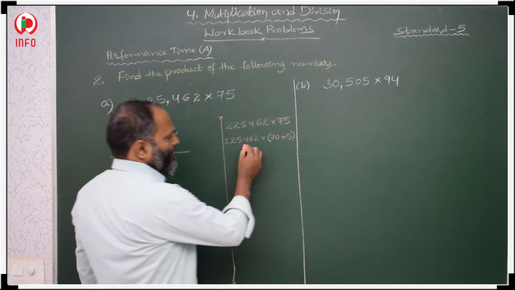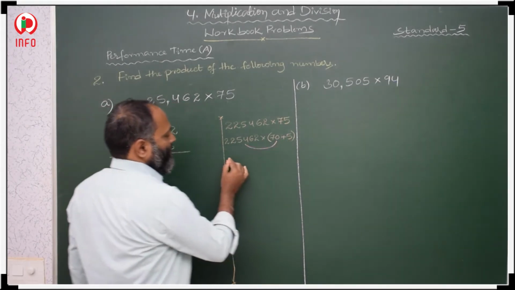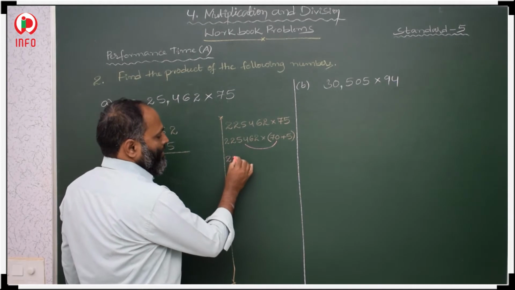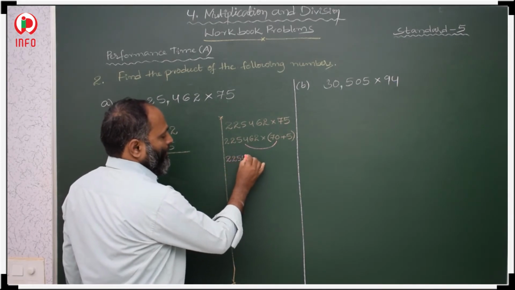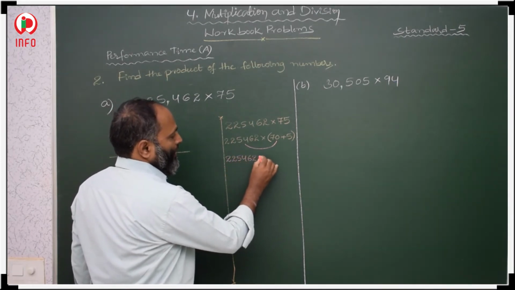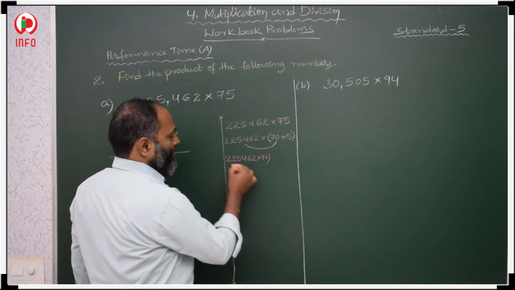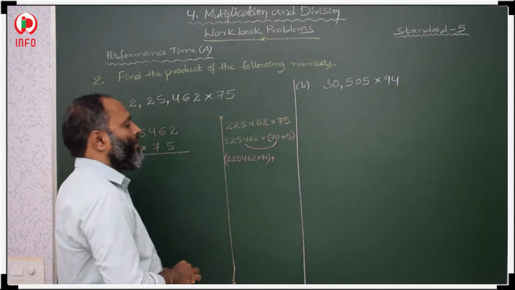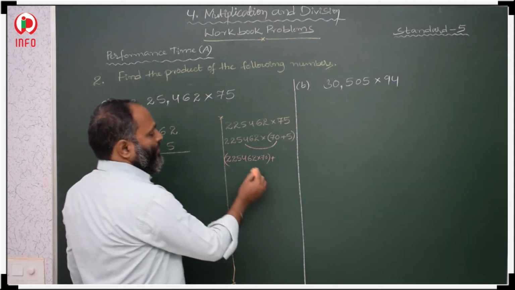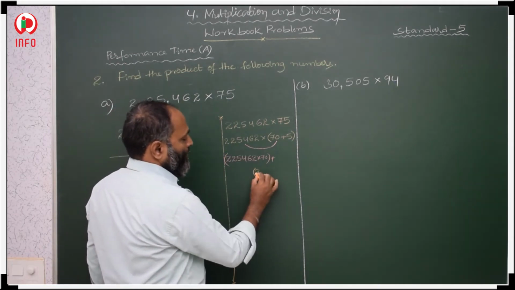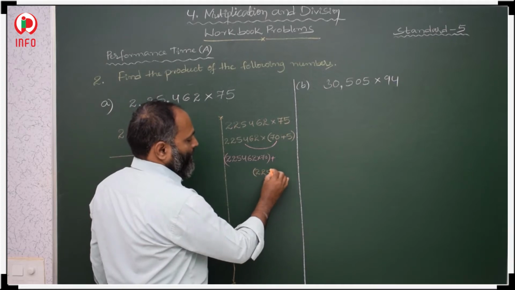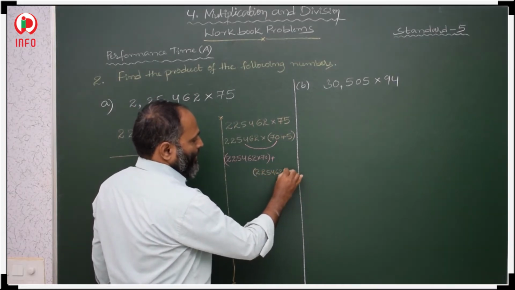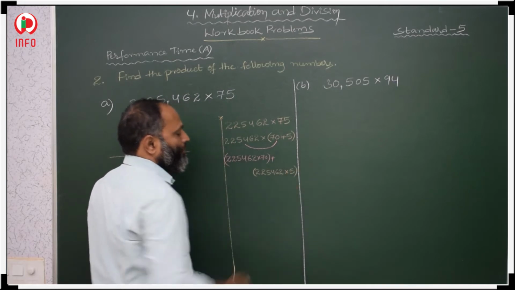Now, open your bracket first. 2,25,462 multiplied by 70 first. Then after that plus 2,25,462 multiplied by 5.